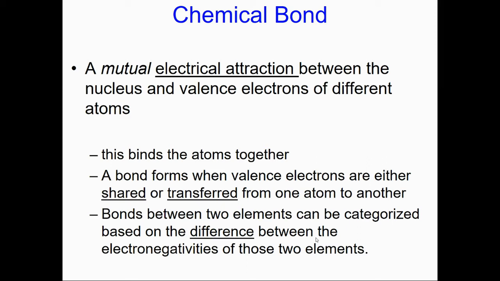And we're going to talk about those individually in a minute. You can tell what type of bond is going to occur by looking at their electronegativities. The difference between those electronegativities can tell you whether you're going to make an ionic bond or a covalent bond, which are the two most important bonds that we discuss in this class.